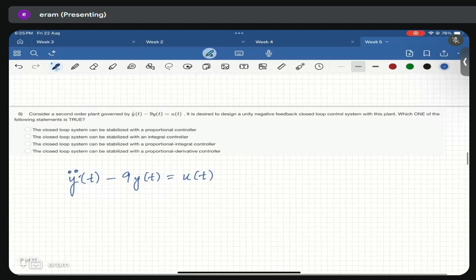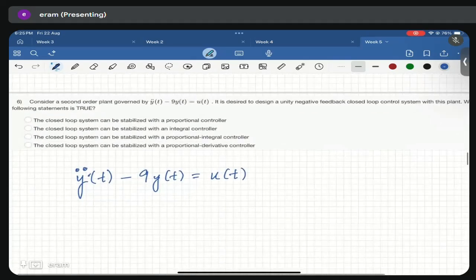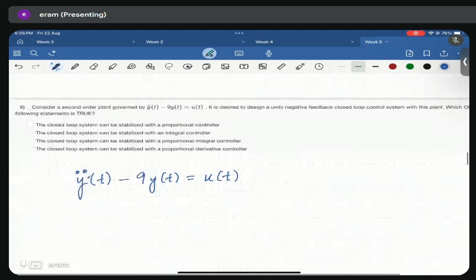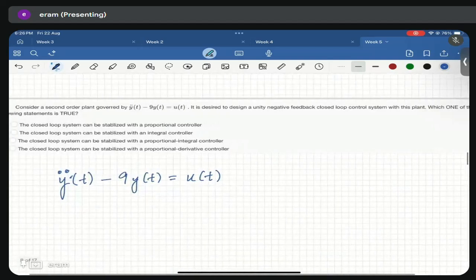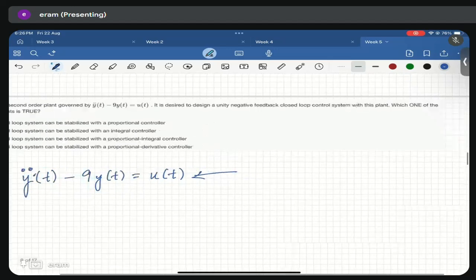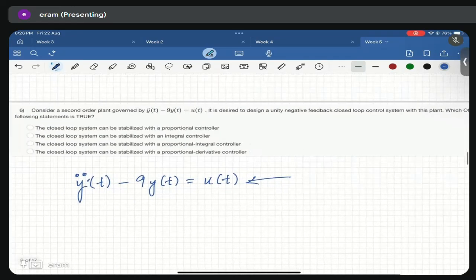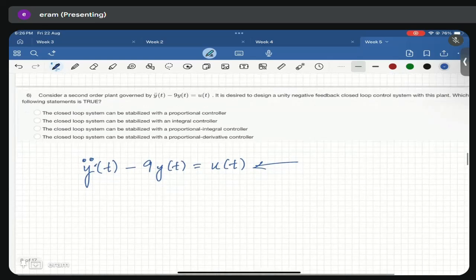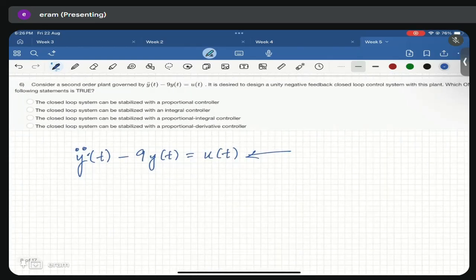Which one among the following statements is true? Identify the correct option. First try to find out the plant transfer function and then comment which controller can stabilize the closed loop system.